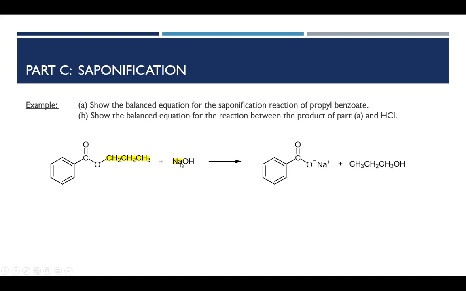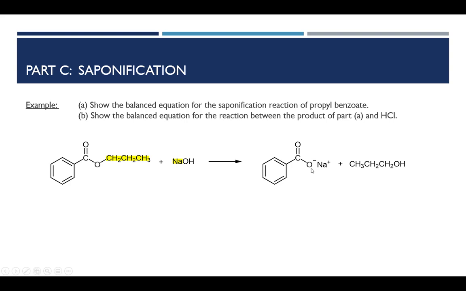And now the alcohol is with this group right here. I have reordered these, so this carbon, the CH3, is technically this carbon, and this carbon here, the CH2, is this carbon right there.